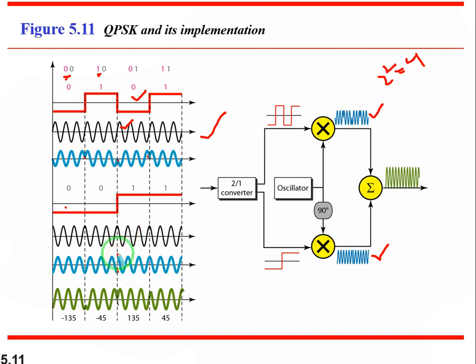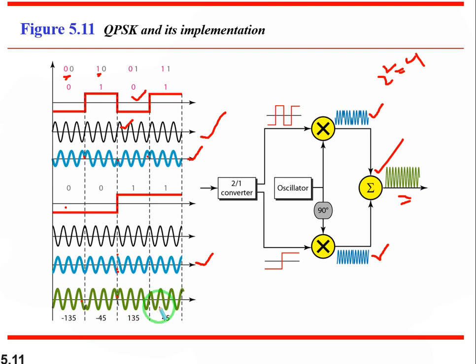So what we conclude is that once this signal and this signal are added, as a result we get this signal. This is our result, and at this point there is a change of 90 angle, then reaching this one there is a difference of 90 angle, and so on.